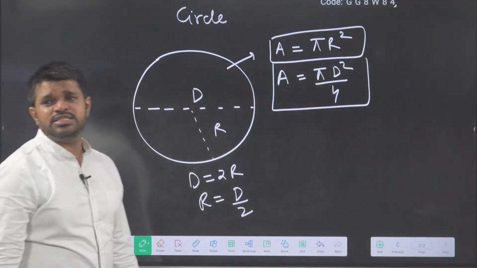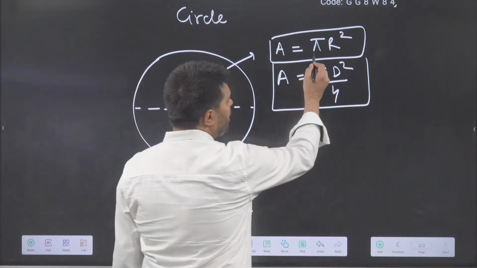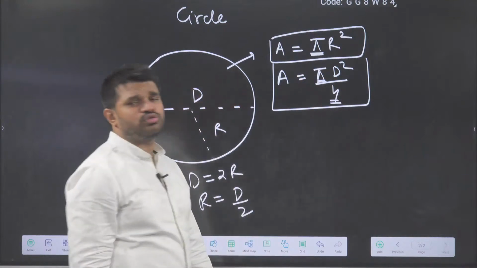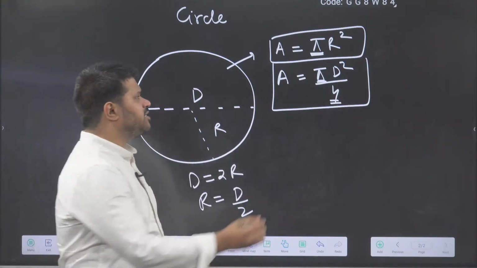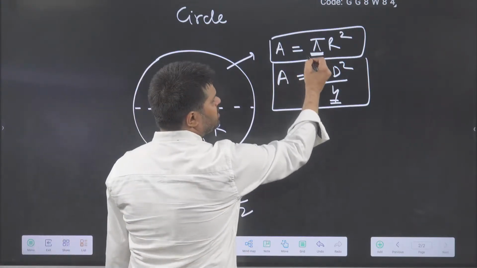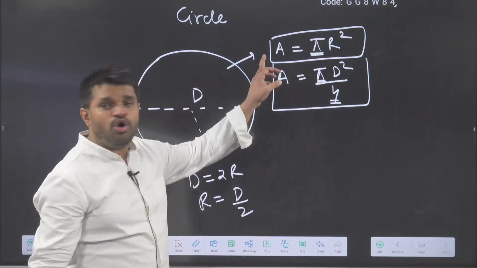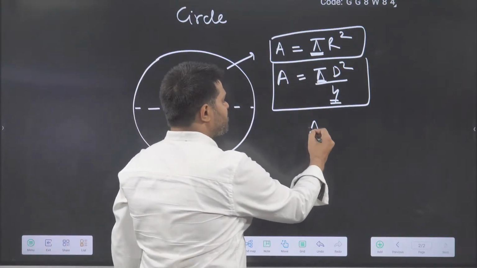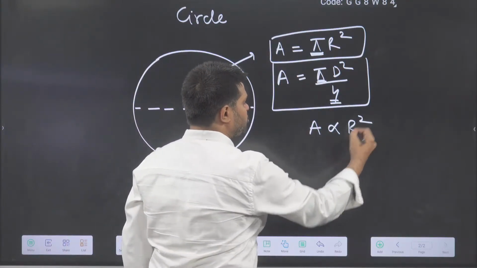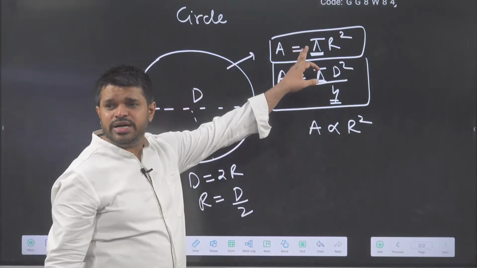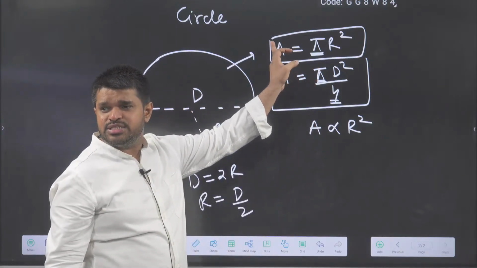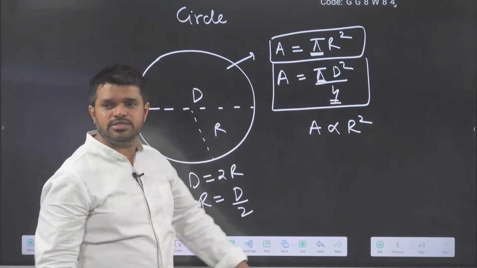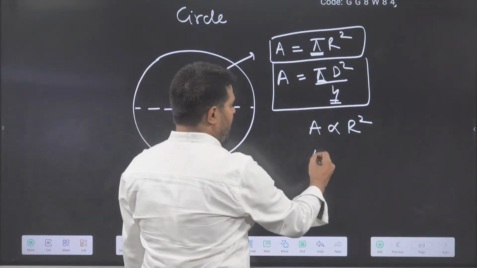Now you can see that pi is constant here, pi by 4 is also constant. So what is the dependency of area on radius? Area is proportional to radius squared.